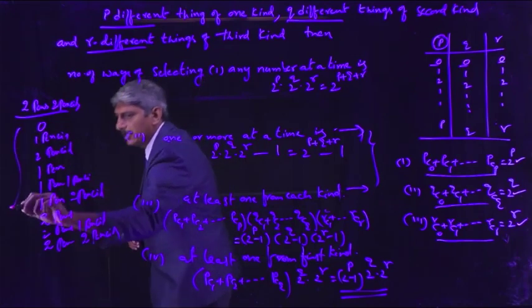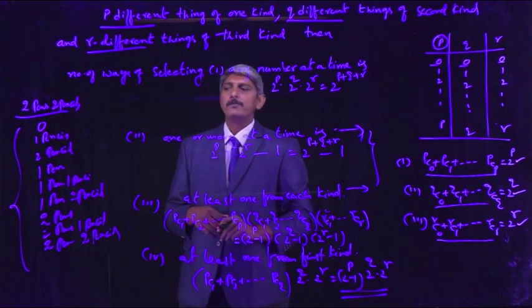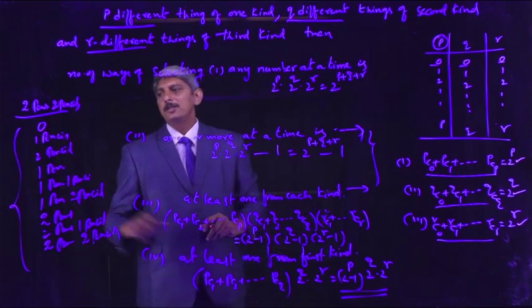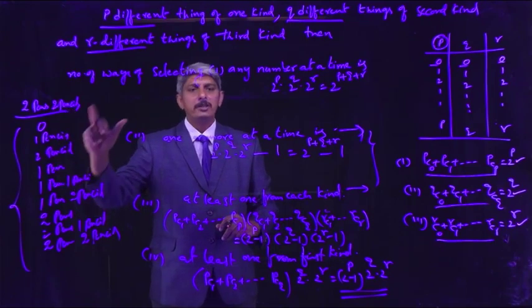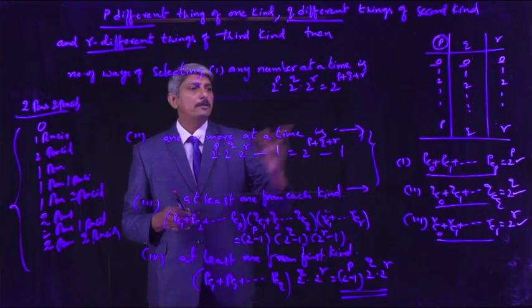These are the total cases. 0 pens means 4C0, 1 pencil means 2C1, 2 pencils means 2C2, like this. We calculate all of this and get the total value.